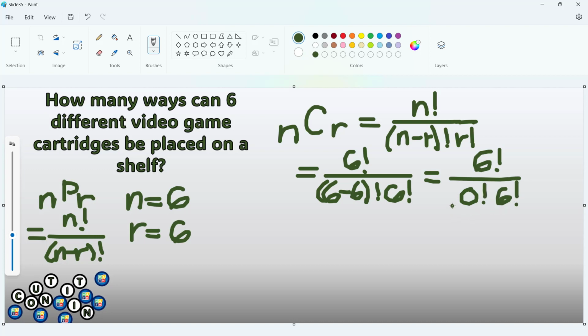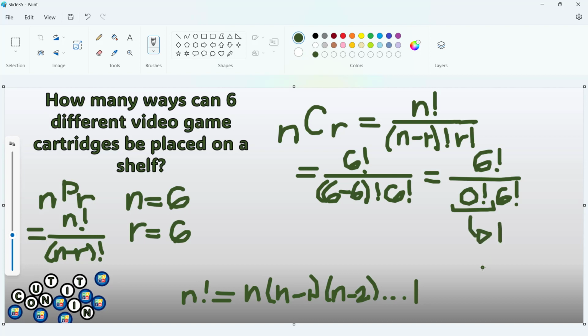Now, 0 factorial is a special type of factorial notation. Even if n factorial is the condensed way of writing the product of integers from 1 to n, n times n minus 1 times n minus 2 and so on times 1, this 0 factorial is a special case. If you try it on your calculators, you'll also find some explanations on the internet. 0 factorial is just equal to 1. It's not 0 times 1, it's just equal to 1.